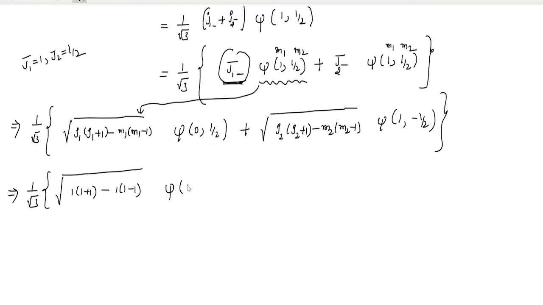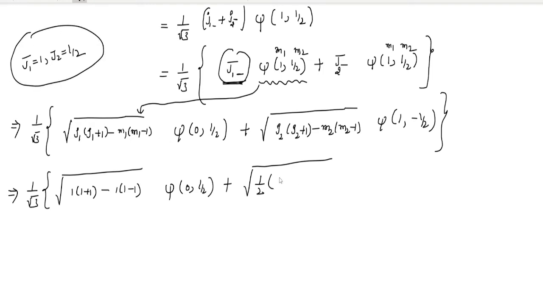Okay, right. One minus one is 0, this one is 1 by 2, plus root of J2 value, we know 1 divided by 2 according to the problem, 1 divided by 2 plus 1. What is the M2 value? This is the operator, this is the state, right? So M2 is 1 divided by 2, minus 1 divided by 2, 1 divided by 2 minus 1.